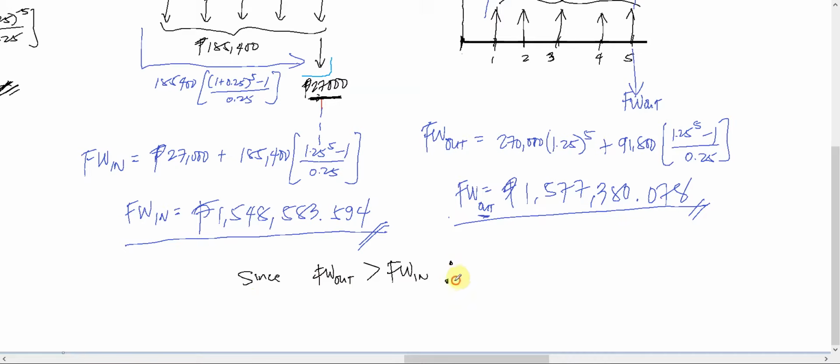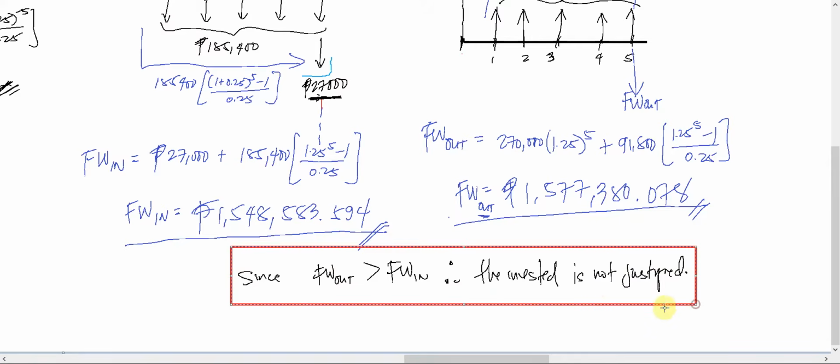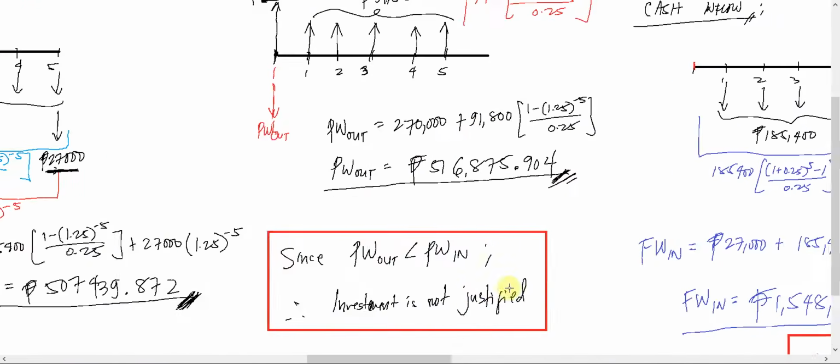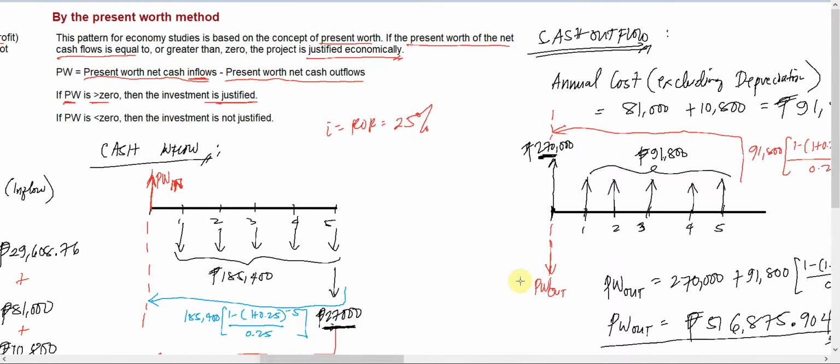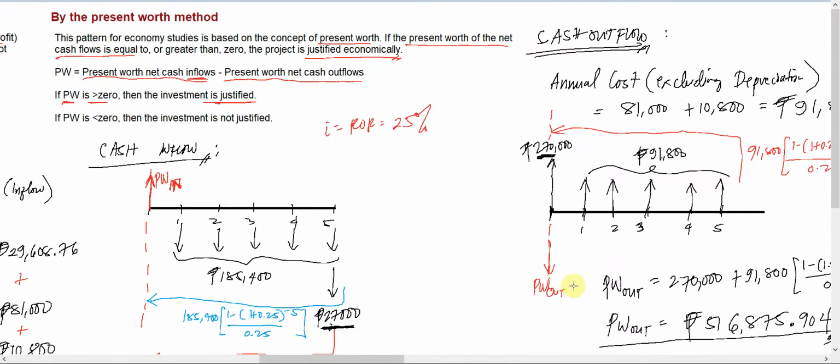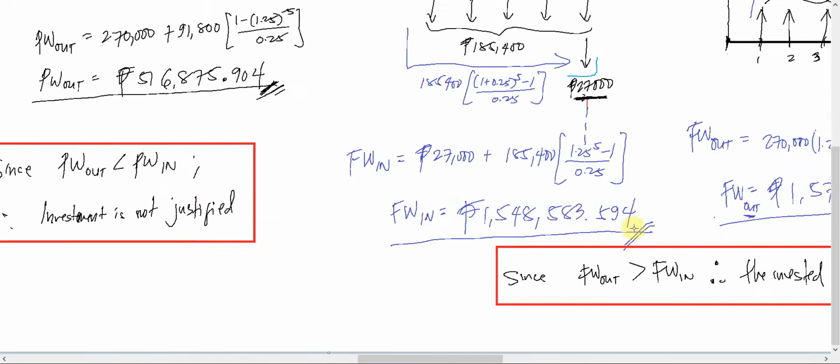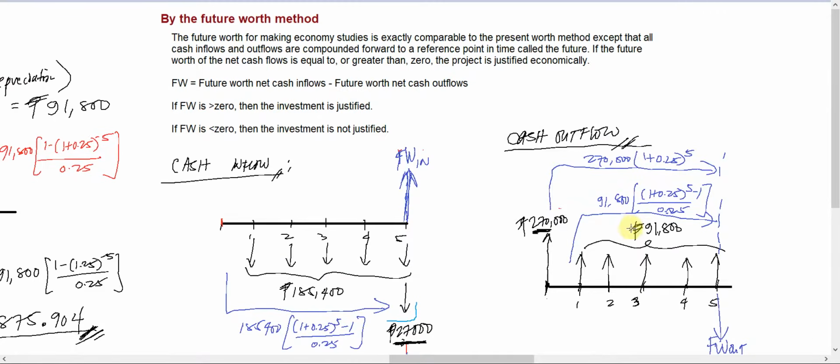Therefore, the investment is not justified. Ayan. Okay? Similar na similar yung future worth method sa present worth method. Future lang yung pinag-compare dito, sa kabila, present worth lang ang pinag-compare. Okay? Yan yung pang-apat na method.